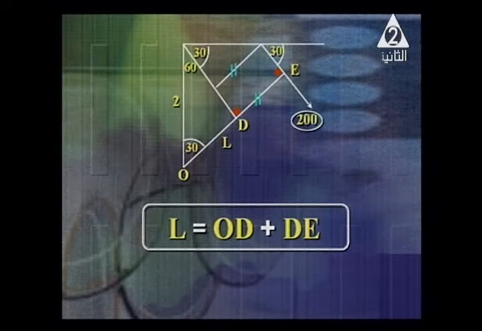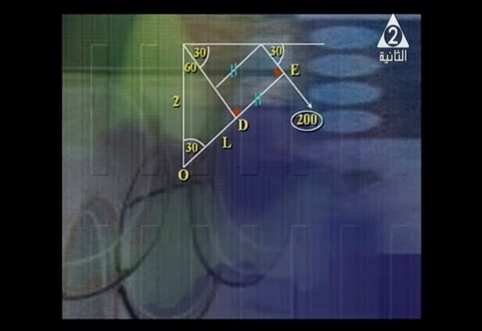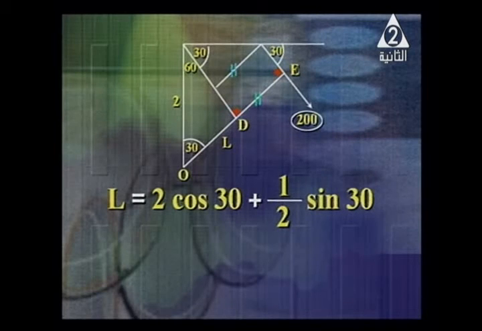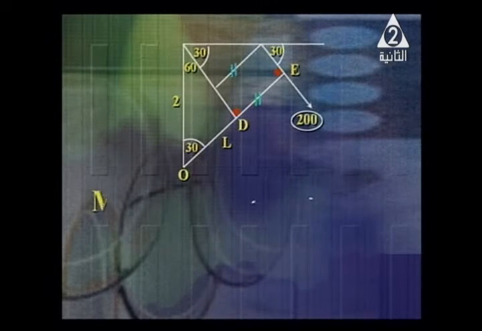By substitution, we find the value of OD. By the same method, we find DE. Remember, in a right triangle, the side opposite angle 30 degrees equals half the length of the hypotenuse. Then L equals 2 cosine 30 plus 1 over 2 sine 30, which equals root 3 plus a quarter meter.